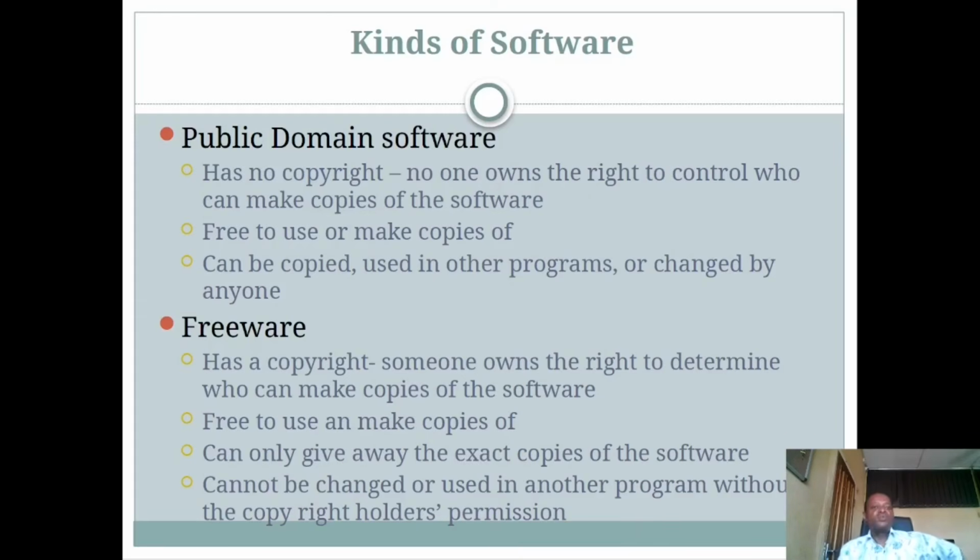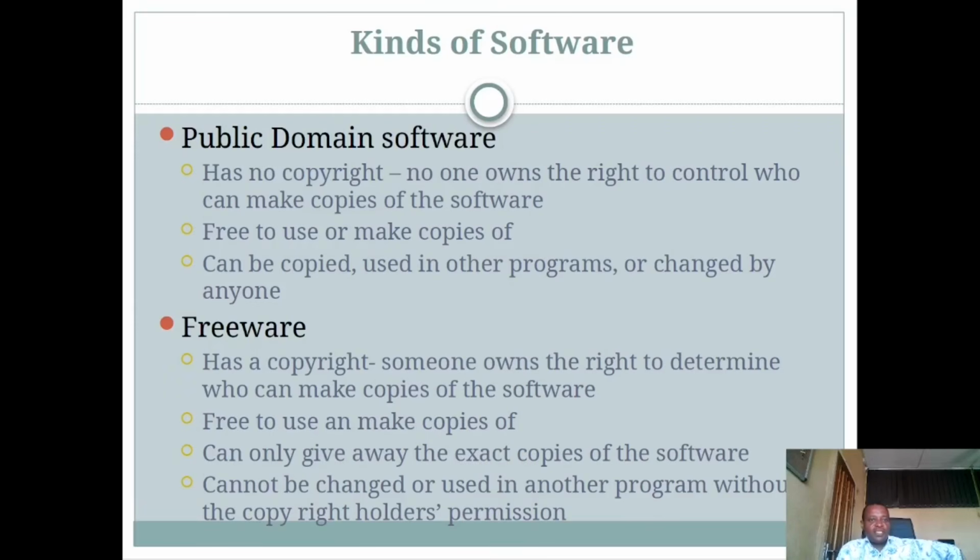But what we want to talk about now in public domain software is that it has no copyright. No one owns the right to control who makes copies of the software. Now anybody is free to use or make copies of that software.